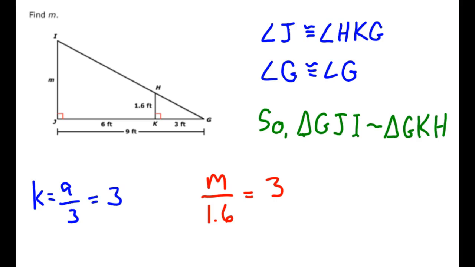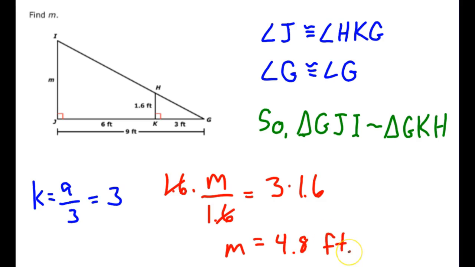If we want to get M isolated by itself, we need to multiply both sides by 1.6. And we get M is equal to 3 times 1.6, which is 4.8, and our label was feet. So using the angle-angle similarity postulate, we can find the scale factor and then use that to find the missing length.